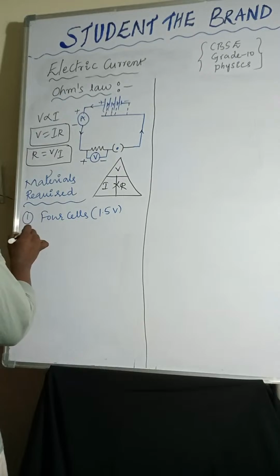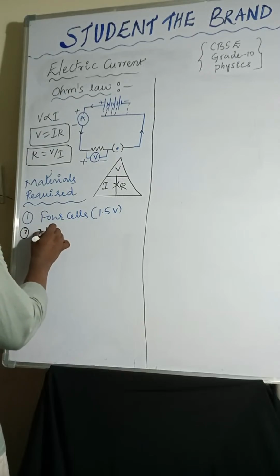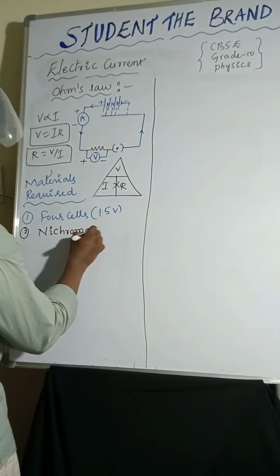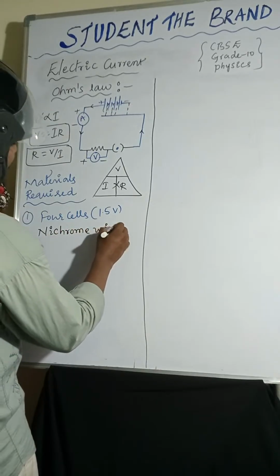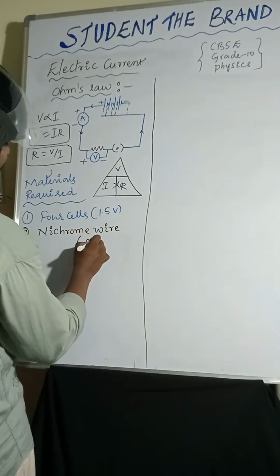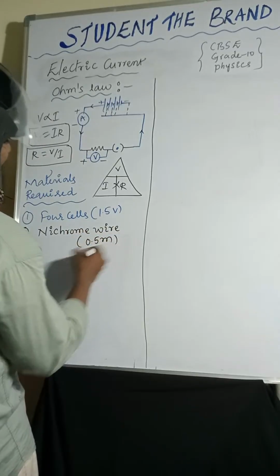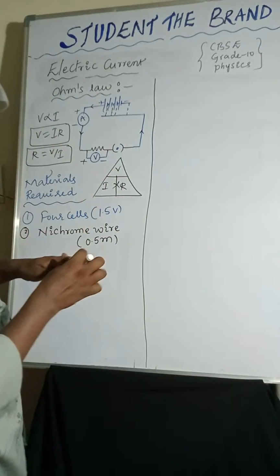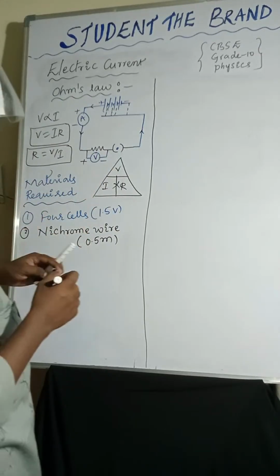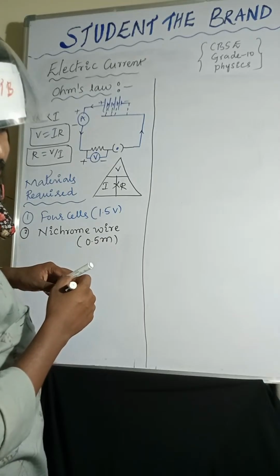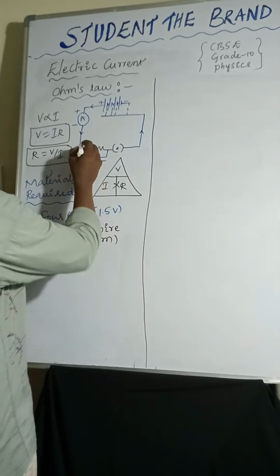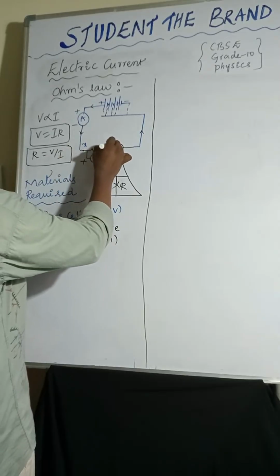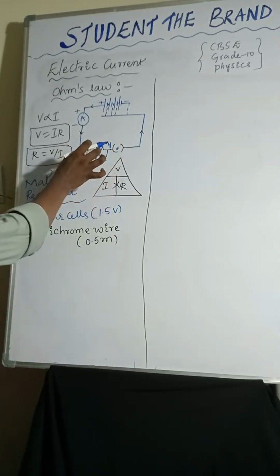Second one, nichrome wire of 0.5 meter length. This is the nichrome wire I am taking here, with ends X and Y. This is the resistor.